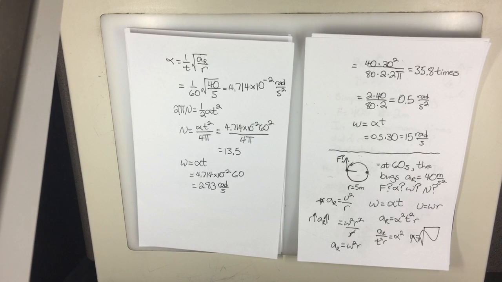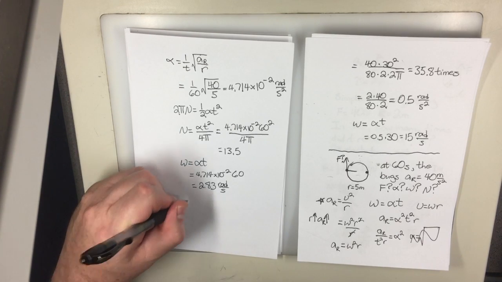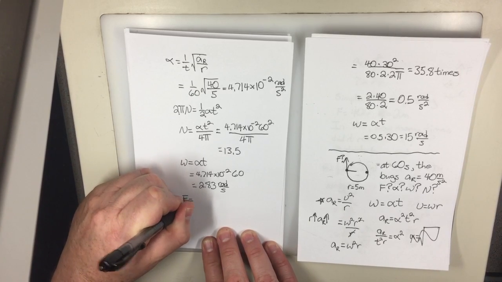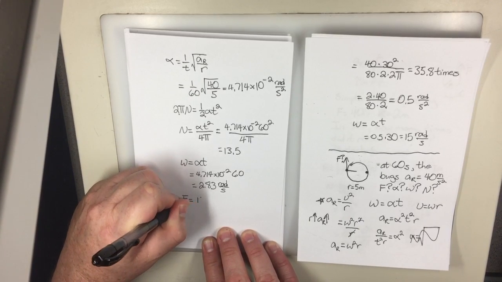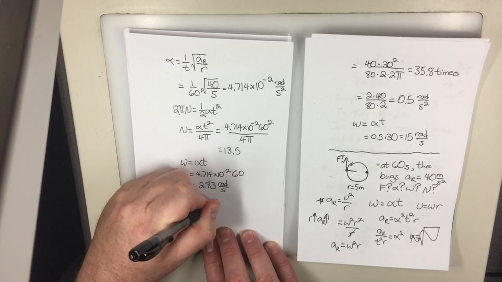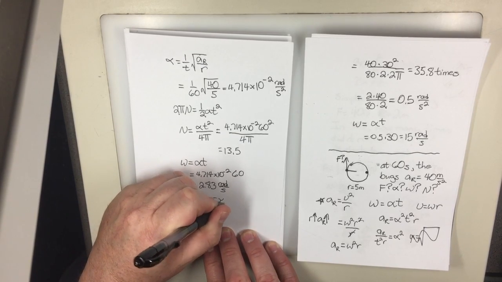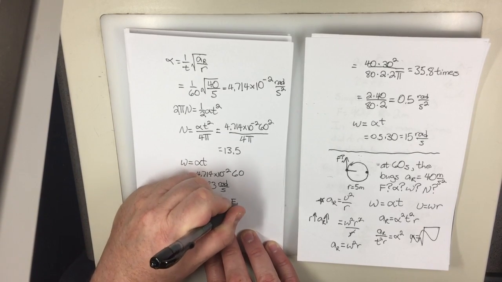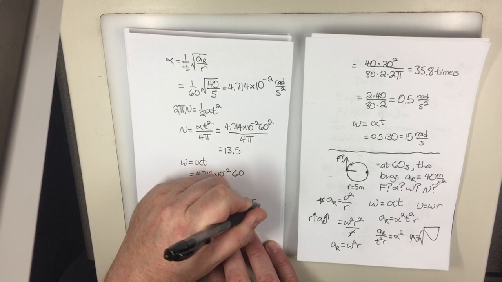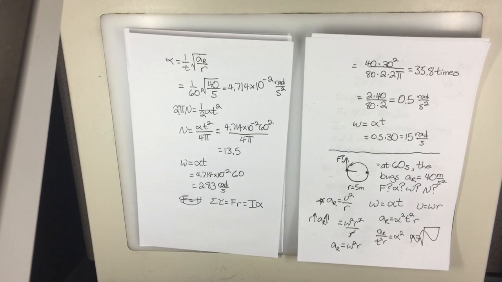The last thing is to find the force. Well, force is equal to, actually, sum of the torques, which is equal to F r, is equal to I alpha. I know what my alpha is. We found that.